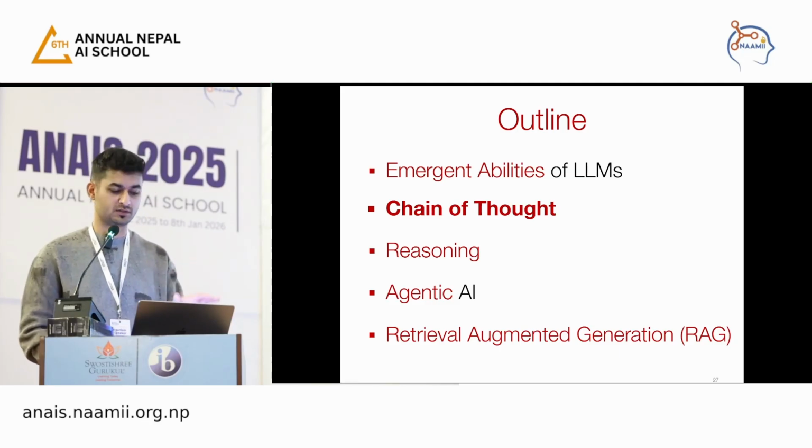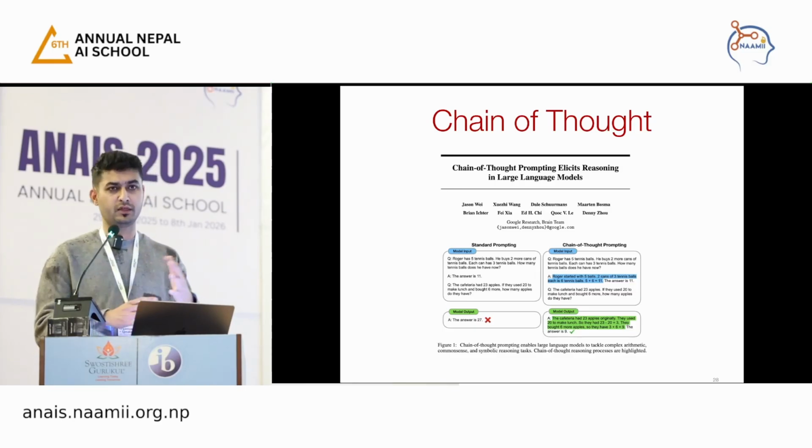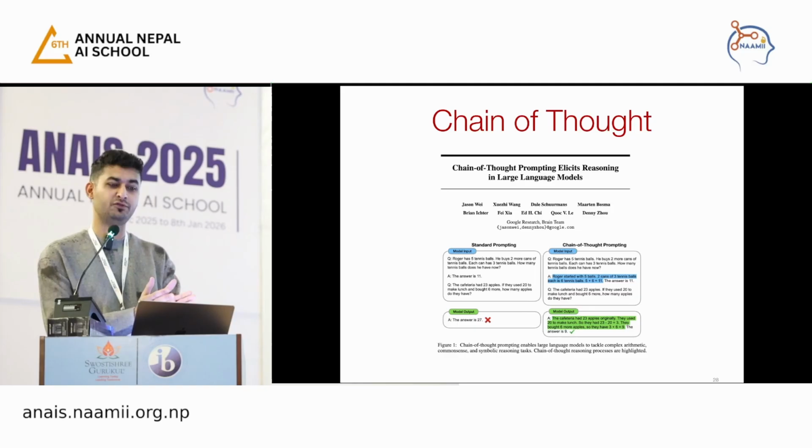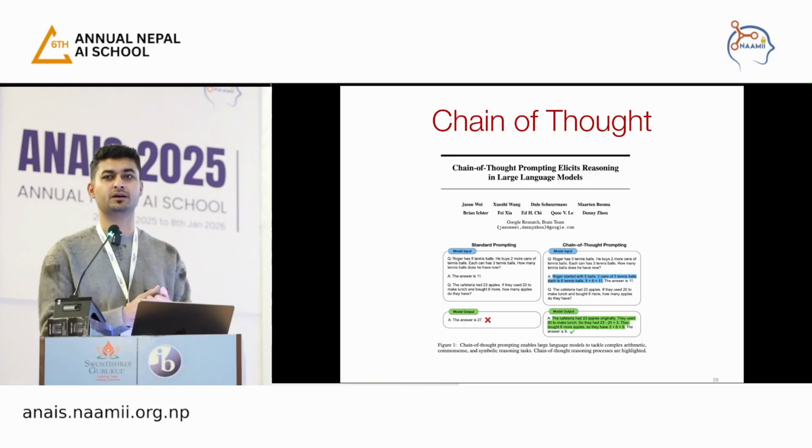This was a work by Jason Wei. He was a resident at Google Research, the Brain team, and they explored this. If you read this paper, there's no model development, no training, but just trying to understand how prompting can help extract or squeeze the highest amount of performance from a language model.